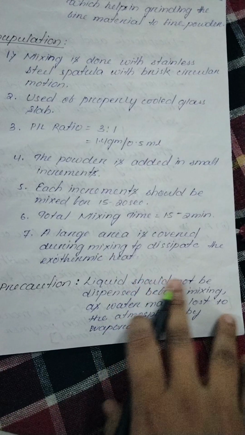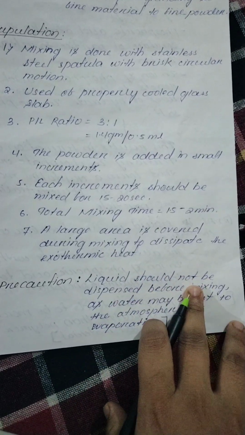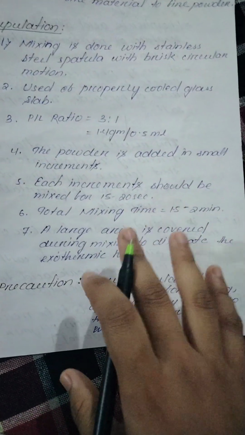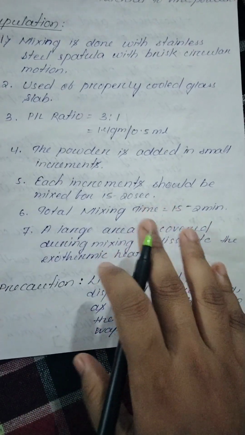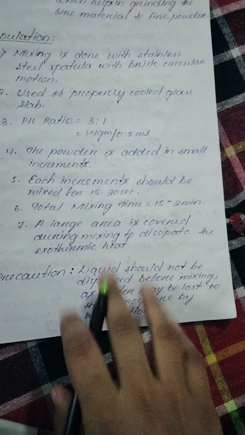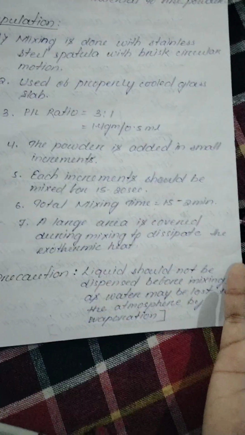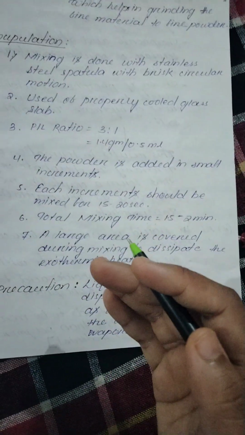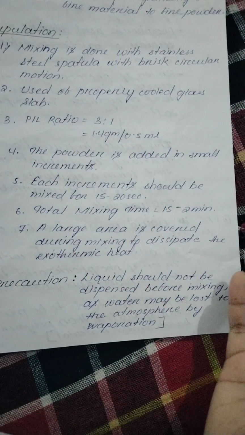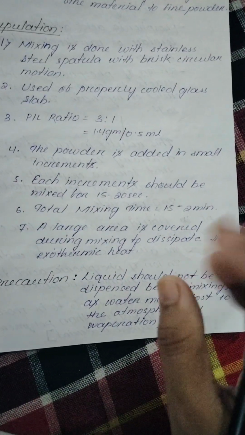Precautions. Liquid should not be dispensed before mixing. Before powder and liquid mixing, we should not dispense the liquid. After we divide the powder into small increments, then we dispense the liquid on the glass slab.